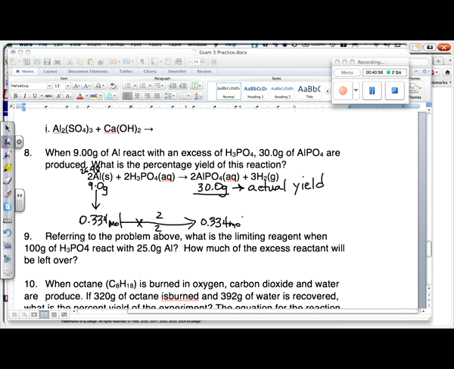Okay. I need the molar mass of the aluminum phosphate rather. Aluminum, don't use the coefficients here. I just used them the only time they need to be used. Plus phosphorus, 30.97, and then 4 oxygens.